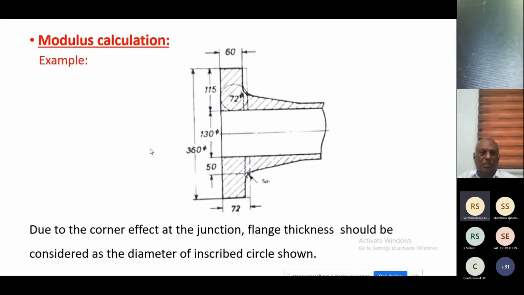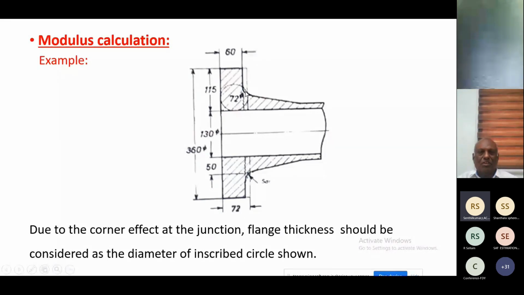Now we come to an example of modulus calculation. This is a flange detached from a wall casting. The diameter of the flange is 360 dia, ID is 130, thickness 60. And in this one there is a corner effect.